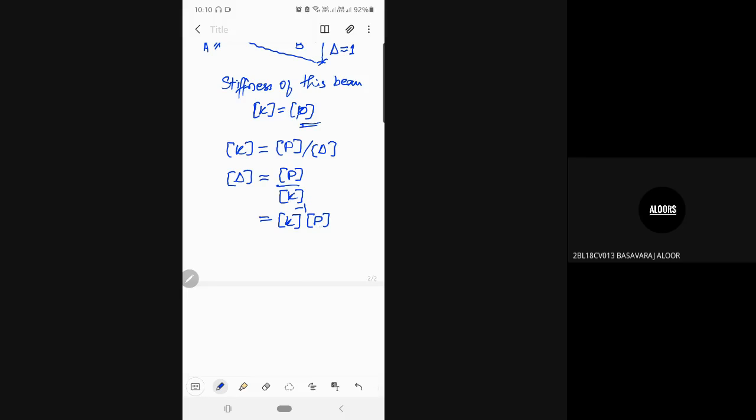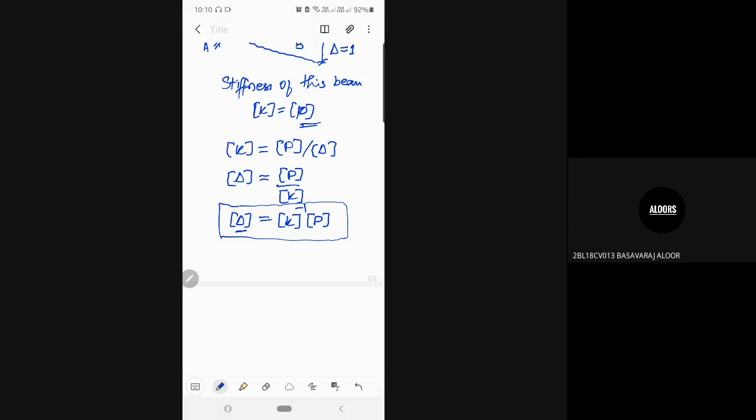I cannot take P into K inverse. Clear? So first is the inverse, K inverse into P. So delta is equal to K inverse into P is the equation for determining any unknown displacement. If I know the stiffness matrix and the force, then I can calculate the unknown displacement by the stiffness method.